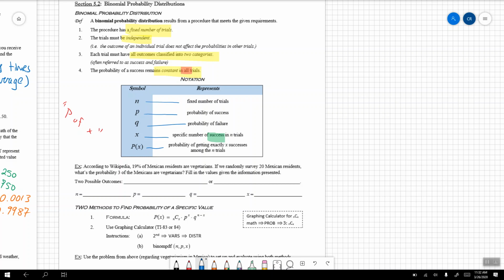So the big question is, what are those two outcomes? Well, the outcomes we're observing are, can a Mexican resident be vegetarian? Or what's the other possibility? That they're non-vegetarians.